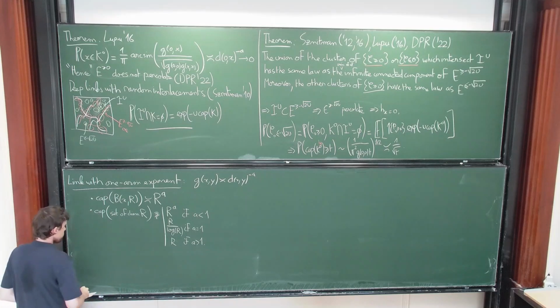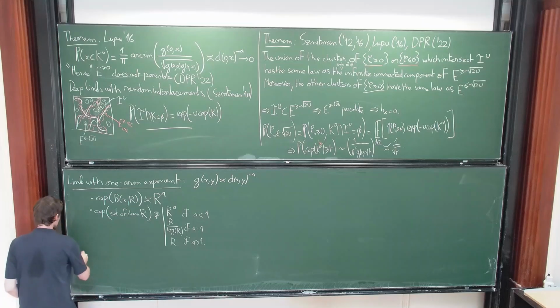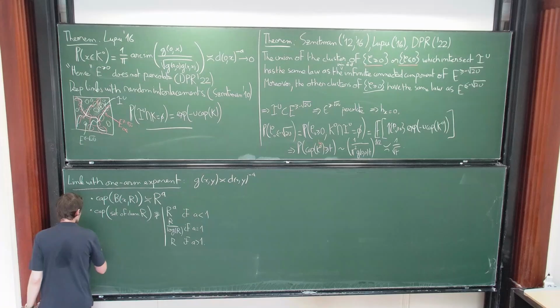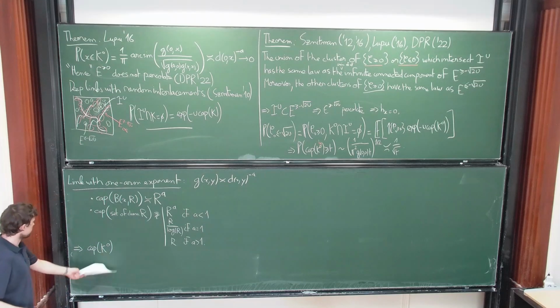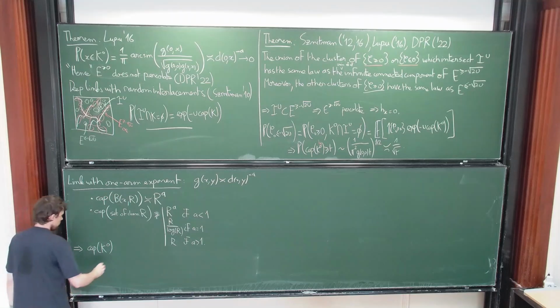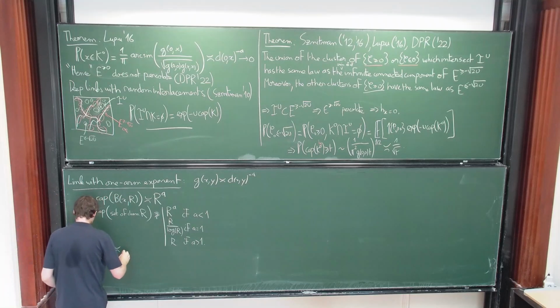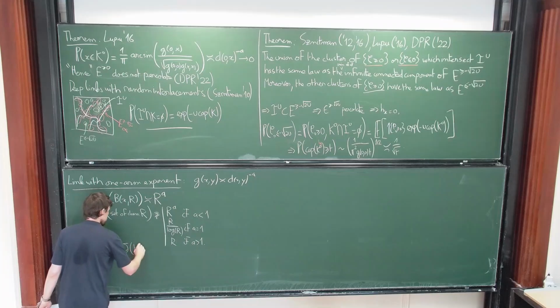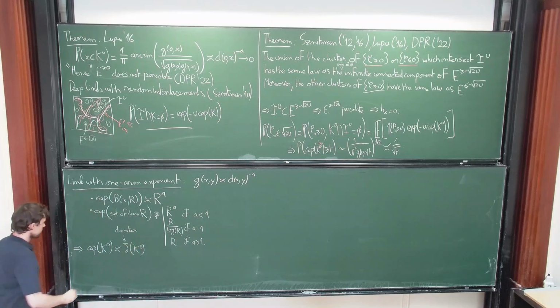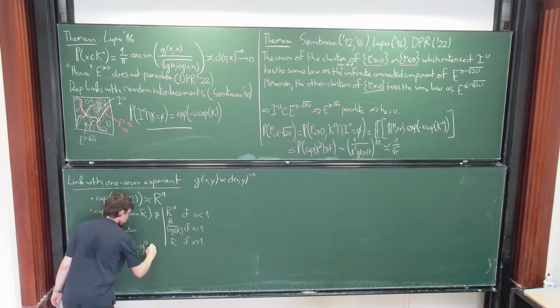Okay, so what does this tell me? Well, this tells me that the capacity of any set, so in particular, let's say, of my cluster here, is exactly the same as delta, so let me write delta for the diameter. The diameter of my set to the power a, if a is smaller than 1.